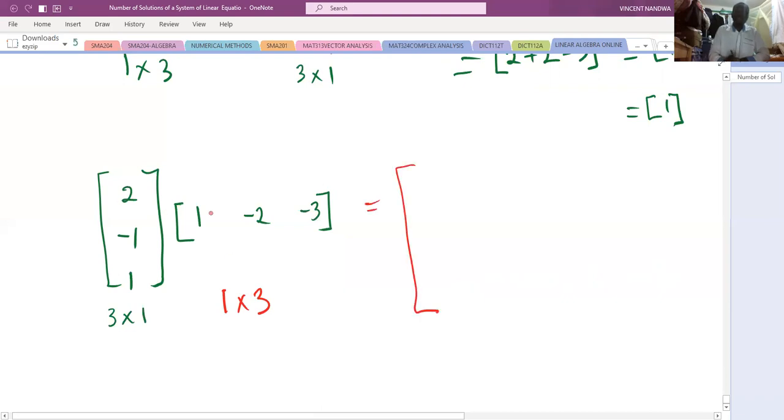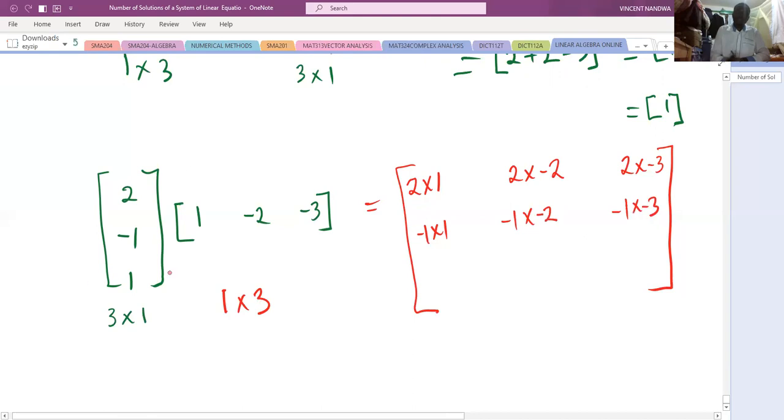So 2 by 1, and then 2 by minus 2, then 2 by minus 3, minus 1 by 1, minus 1 by minus 2, minus 1 by minus 3, 1 by 1, 1 by minus 2, 1 by minus 3.